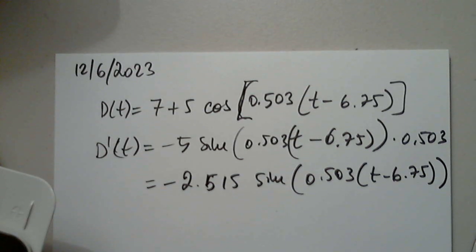So let me say, can I read the problem again? The natural period of oscillation is a little more than 12 hours, and on a day in June, high tide occurs at 6:45 a.m. This helps explain the following model for the water depth d in meters as a function of the time t in hours after midnight on that day.